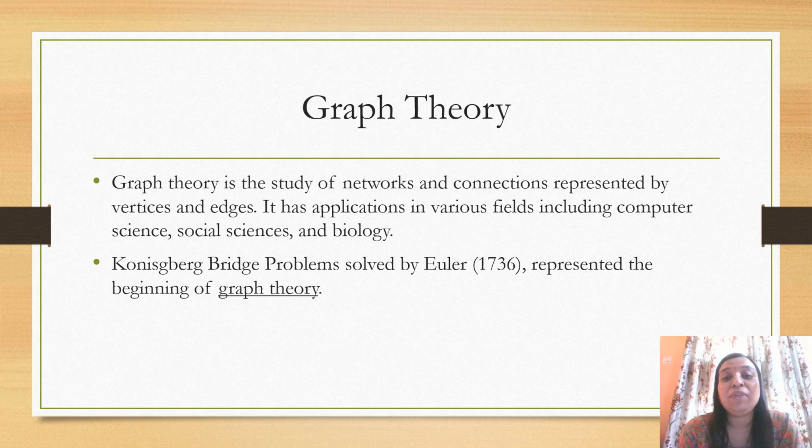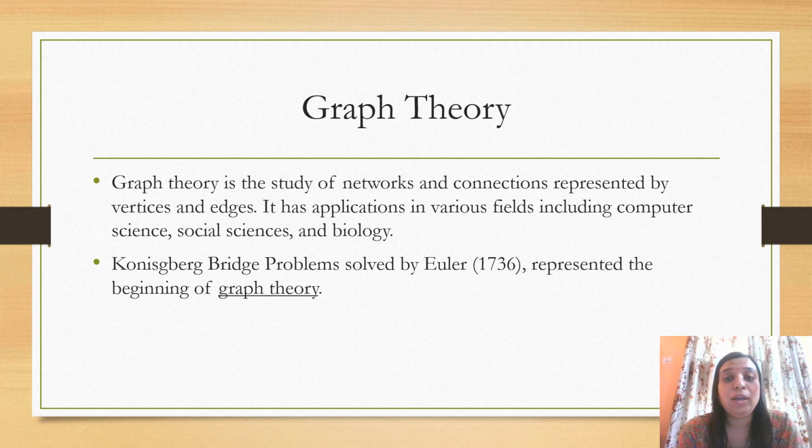So how did this field come into existence? That is also a very interesting case. This field was accidentally discovered as a solution to a problem given by Euler, the very famous Königsberg Bridge problem.